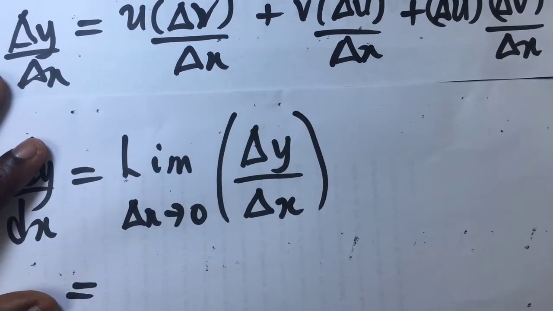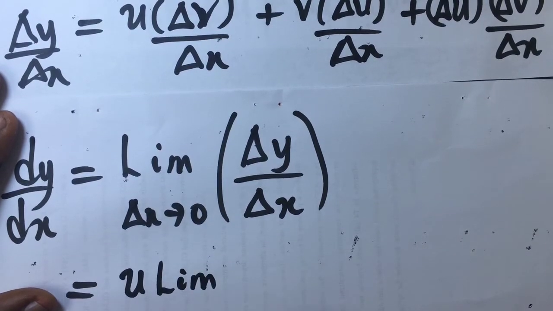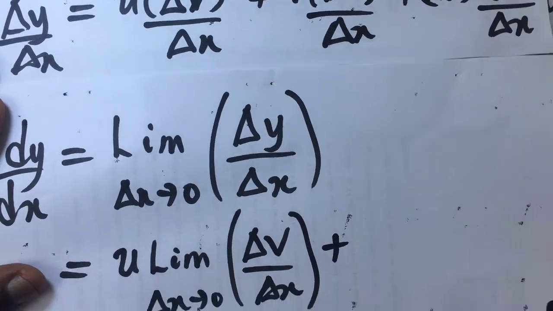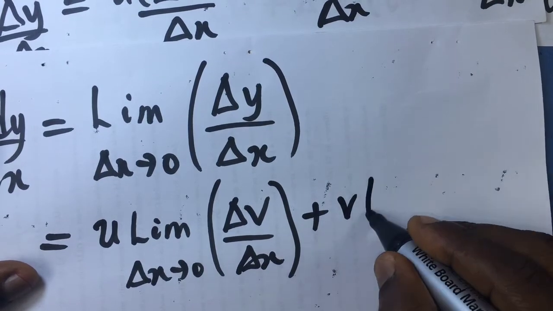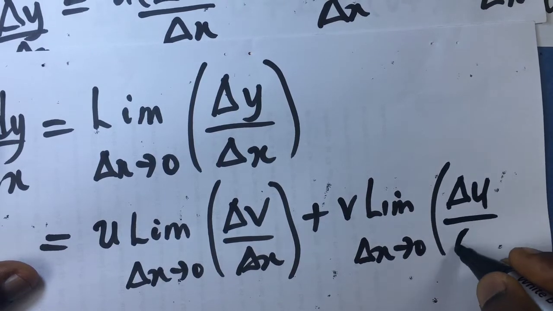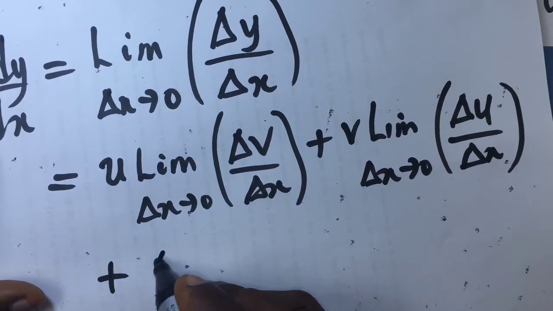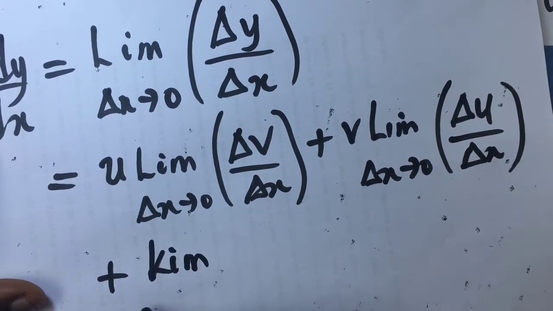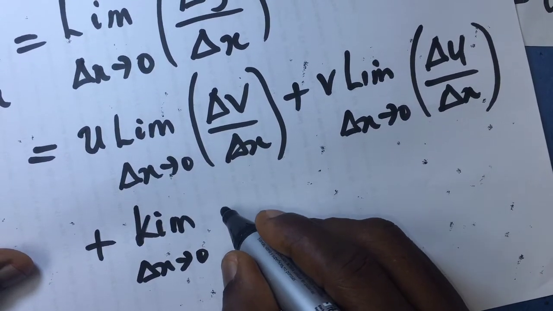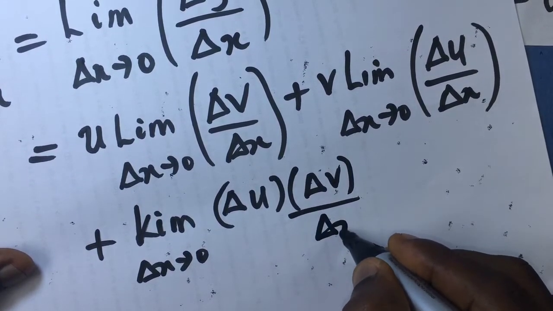So it means that u would come out in the first term, and I'll be taking the limit as change in x tends to 0 of change in v all over change in x, plus the next term will be v coming out, with me taking the limit as change in x tends to 0 of change in u all over change in x. Okay, and that will be added to taking the limit as change in x tends to 0 of change in u, change in v all over change in x.